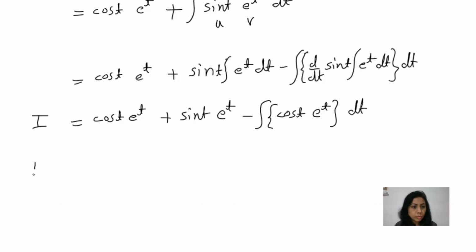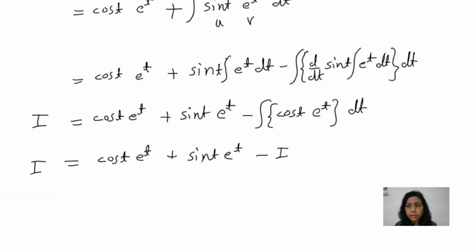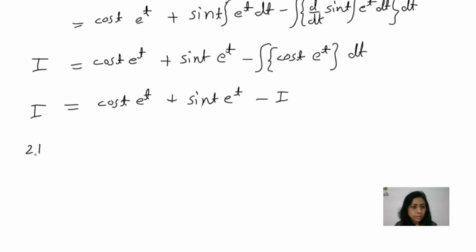So I is equal to cos t e to the power t plus sin t e to the power t minus this value, which is I. Add I to both sides, so we get 2I is equal to, can we take common e to the power t? Yes, e to the power t times cos t plus sin t. And divide both sides by 2.